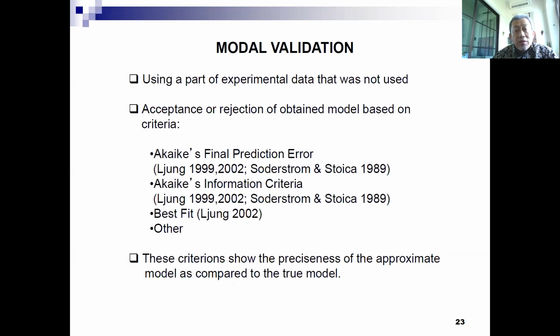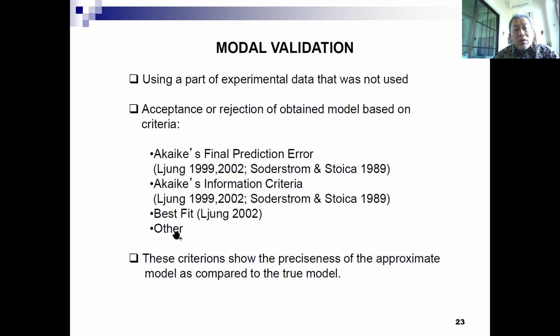For example, yesterday in the System ID toolbox, there is FPE and MSE. FPE is the final prediction error, Akaike's final prediction error. And MSE is mean squared error. And we also have another criterion, Akaike's information criteria.